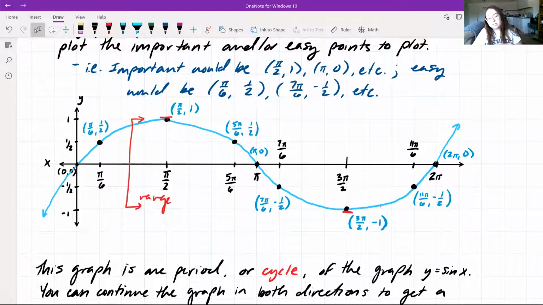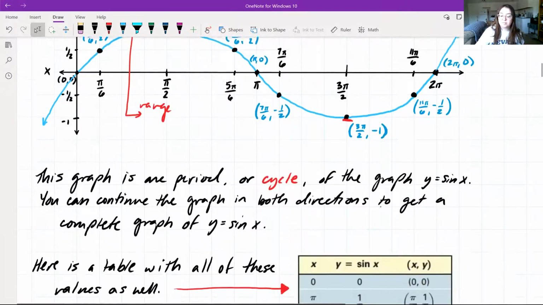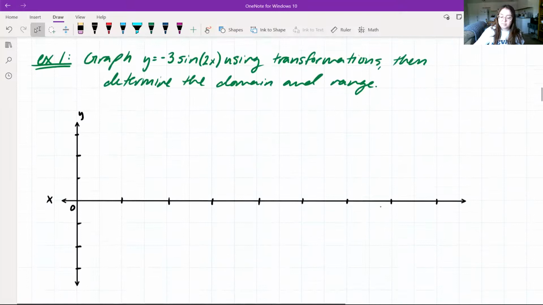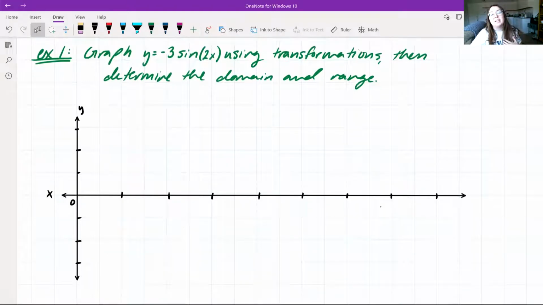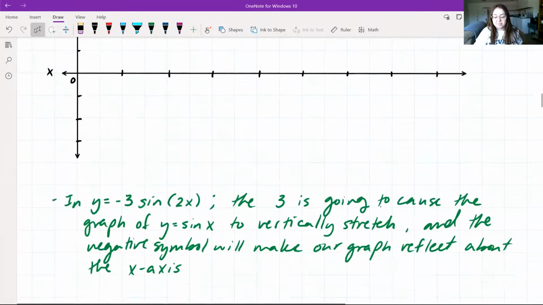We go to 1, we decrease down to -1, we increase again. Instead now, since we're reflecting about the x-axis, we're going to be decreasing down to -3 in this case. Then we're going to go ahead and increase up to +3, and then we'll decrease again. So we're seeing this graph flipped. So that's what happens when we multiply this -3 to the outside of our function.